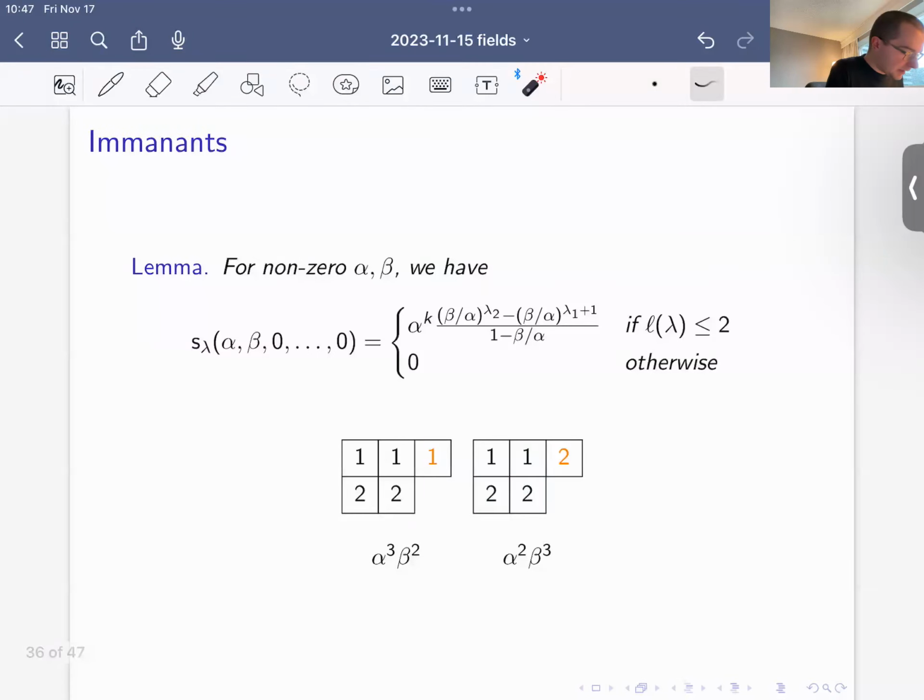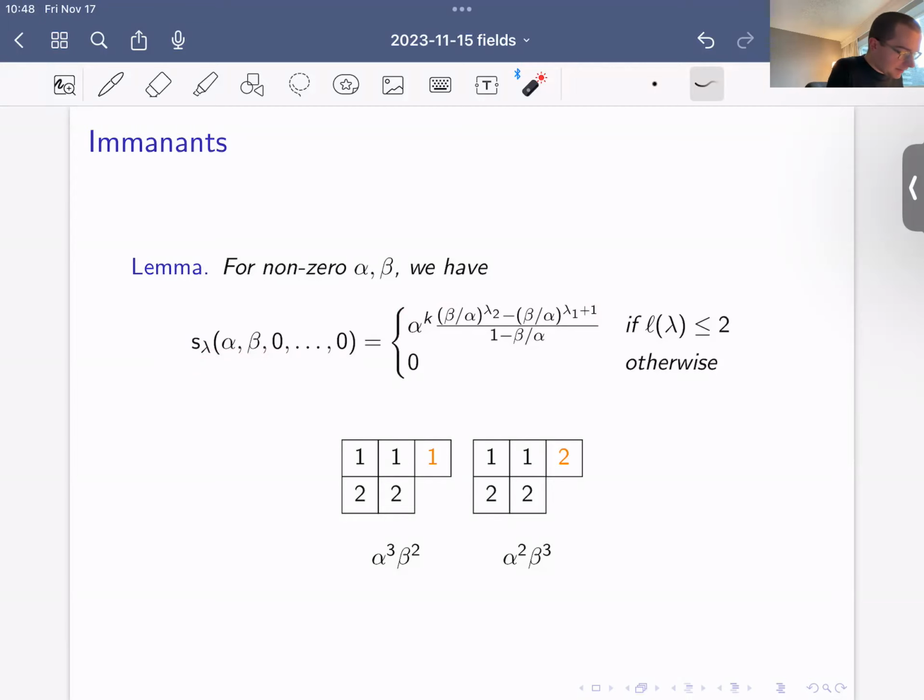So there's this lemma basically doing that computation. So if you have non-zero alpha and beta, and all the other arguments are 0, then this polynomial will have this form when the length of lambda is at most 2, and otherwise this polynomial will just be 0.